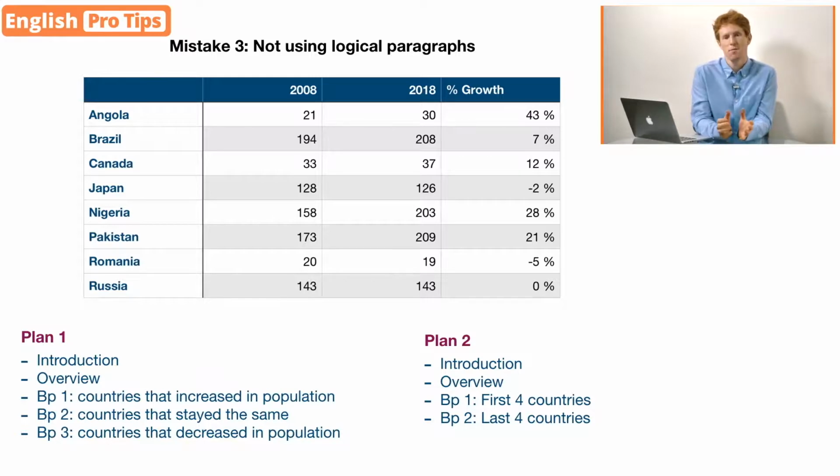The answer is you should choose plan 1. It's more logical when we group categories together into paragraphs. And not only would we get a higher score for coherence and cohesion, we're also likely to get a higher score for all of the other categories. So task response, lexical resource, which is vocabulary, and grammatical range and accuracy.